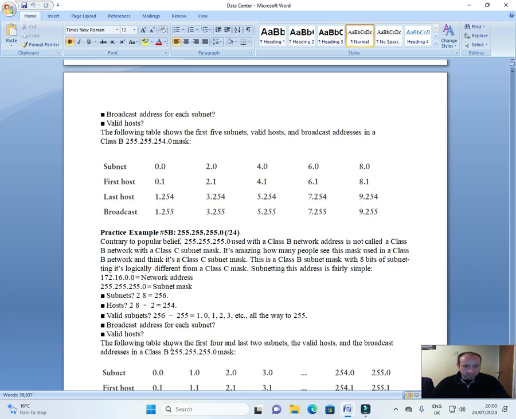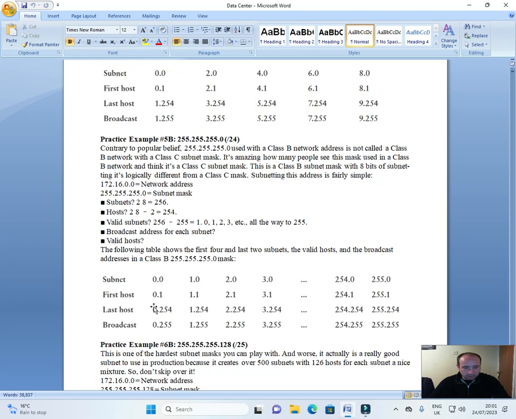The following table shows the first 4 and last 2 subnets, valid hosts and broadcast addresses in a Class B 255.255.255.0 mask. Subnet: 0.0, 1.0, 2.0, 3.0, 254.0, 255.0. First host: 0.1, 1.1, 2.1, 3.1, 254.1, 255.1.